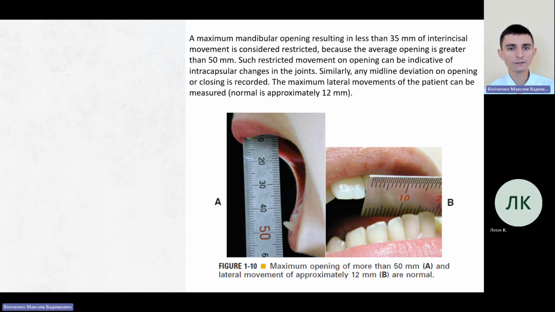Similarly, any midline deviation on opening or closing is recorded. The maximum lateral movements of the patient can be measured. Normal is approximately 12 millimeters. Maximum opening of more than 50 millimeters in picture A and lateral movement of approximately 20 millimeters in picture B are normal.